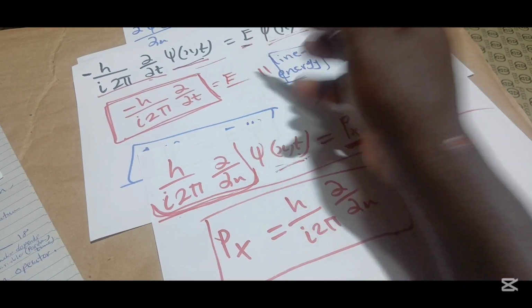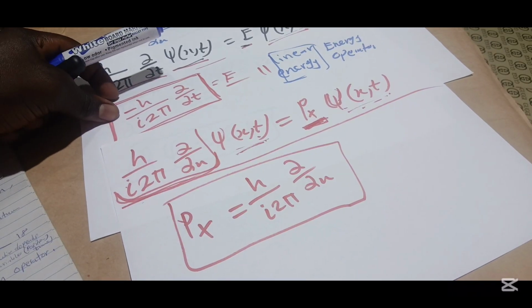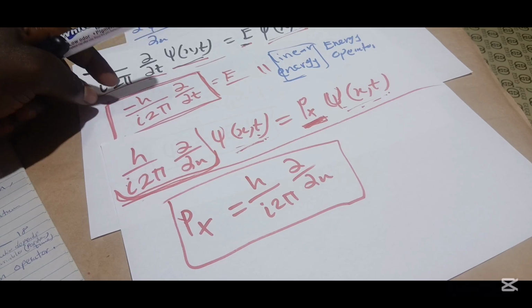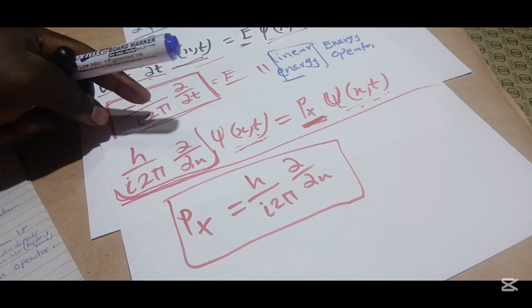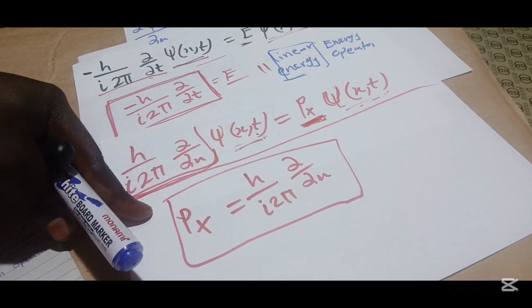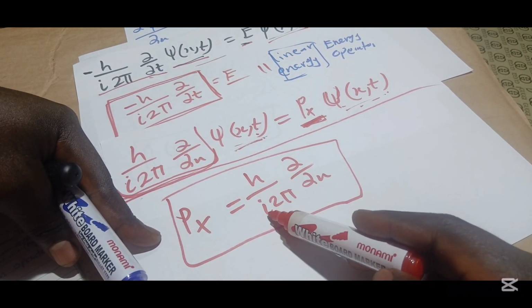This is our energy operator. So what do you see? For the energy operator, if we differentiate the wave equation with respect to time, we get the energy operator, which is minus h over i 2π d/dt. But if we differentiate the wave equation with respect to x, which is the distance x, we get h over i 2π d/dx.